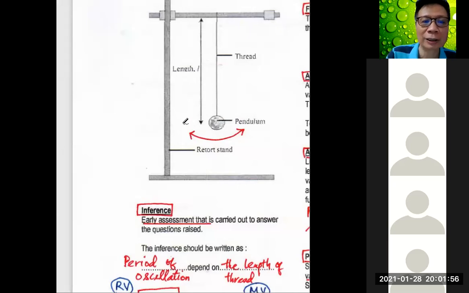That means if you start from the left, you must go to the right and then come back to the left again. And then it's one complete oscillation. So remember, you must go back to the point where you started just now. When you come back to the left again, it's considered one complete oscillation. So you take the time. The time taken for one complete oscillation is called period.